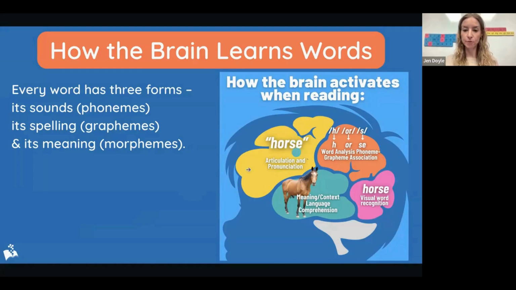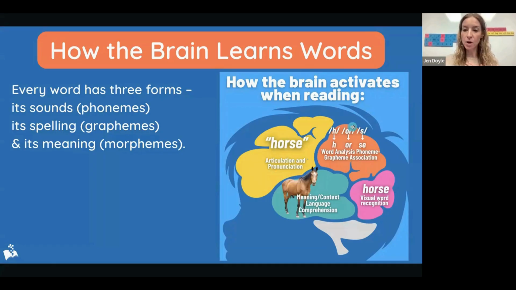So we're looking at the word horse here. And in the front part of our brain, that's where we're articulating and pronouncing that word. So we hear the word horse, we can say it aloud. And then in the back part of our brain, that's that visual word recognition, where we see those letters and we recognize those letters. And if we've stored that word in our long-term memory, then we visually recognize it as a sight word automatically.